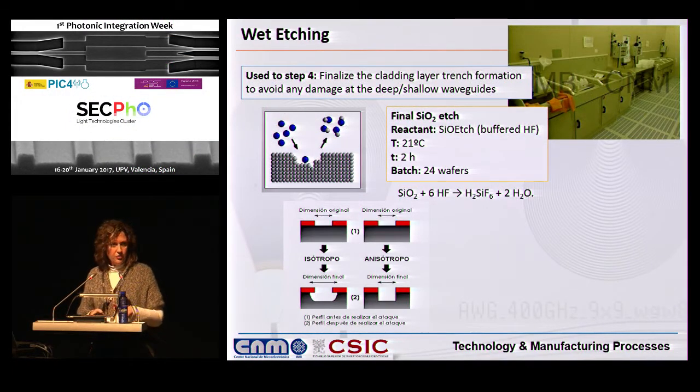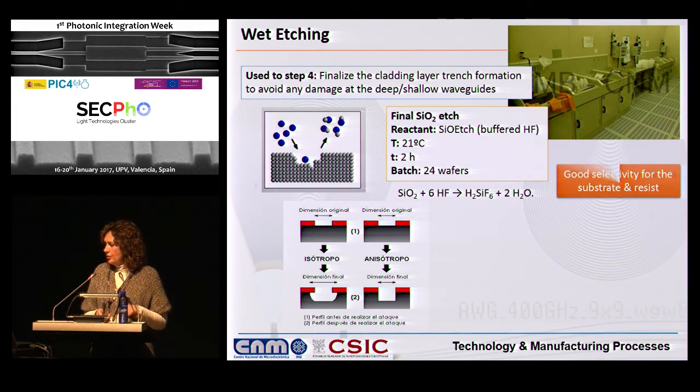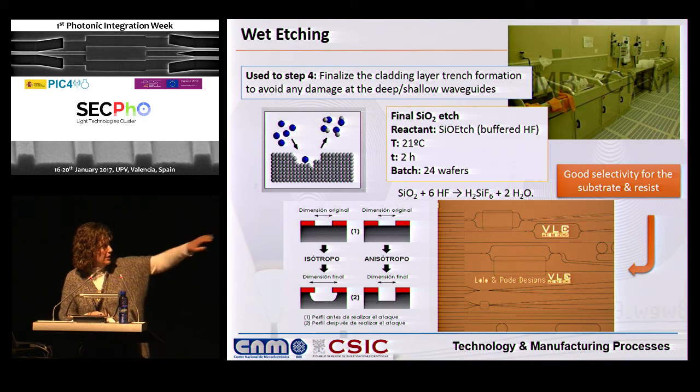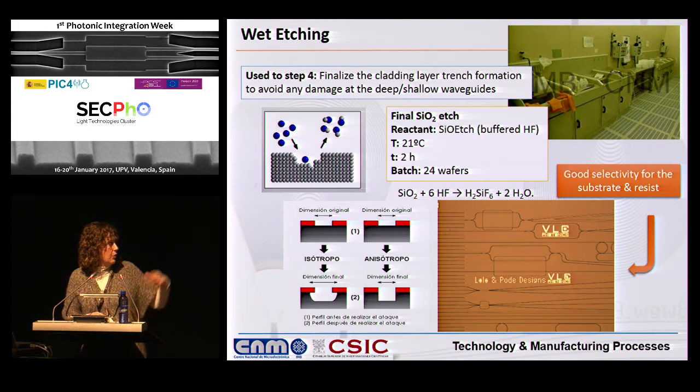And then you arrive at the waveguides, and the waveguides are okay. We won't damage them. The good selectivity is what makes us able to open some areas. I don't know if it's very clear, but you can see in the middle of the waveguides a square, which is the open area where you see the waveguide, and there is no problem with it.